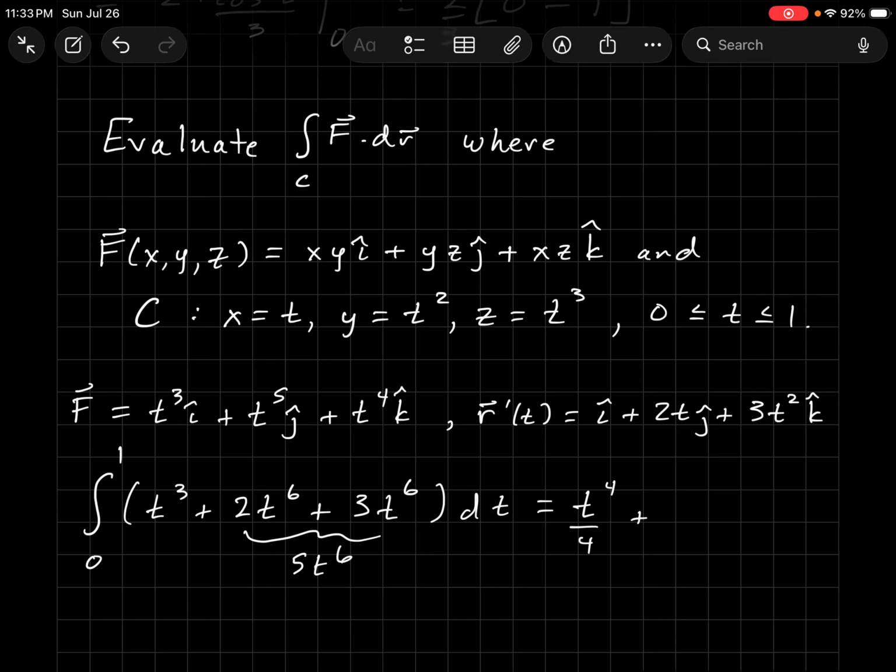So when we integrate, we will get 5 over 7 t to the 7th from 0 to 1. Plug in the top limit, we get a 4th plus 5/7, minus, plug in the bottom limit, we get 0. And if we put this together, we get 27 over 28.